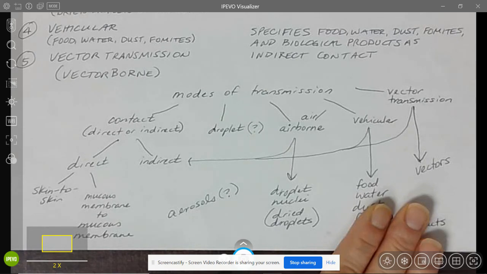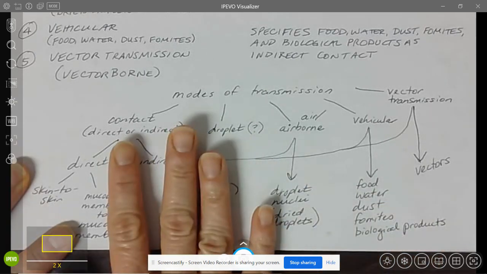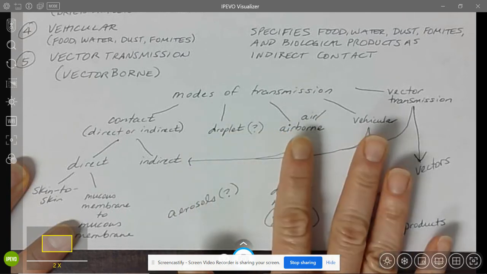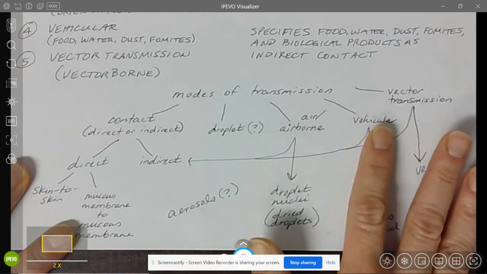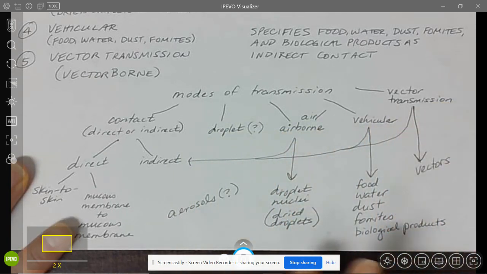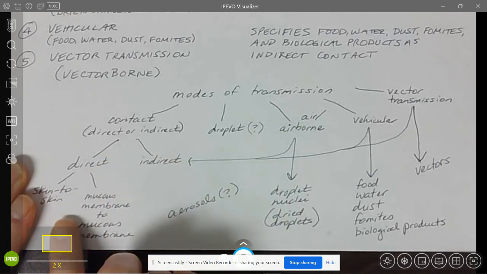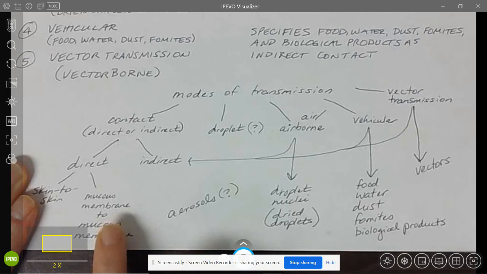If you go with the 5 modes of transmission, just as I was saying before, they say contact, droplet, airborne, vehicular, and vector. Then they say direct contact are things like skin to skin, mucous membrane to mucous membrane. Mucous membrane to mucous membrane would include intimate activity like kissing and sexual contact.